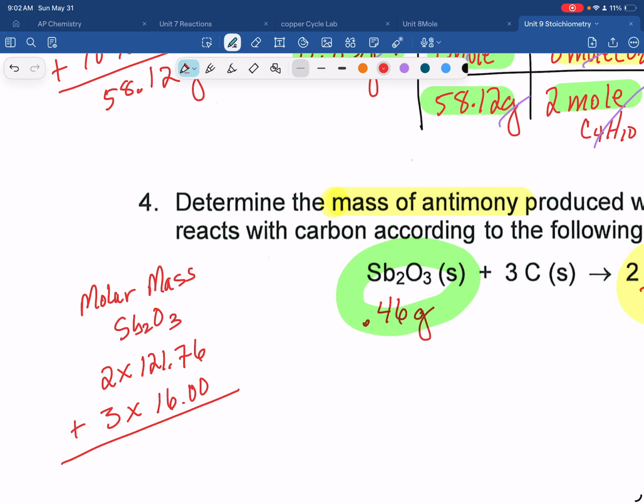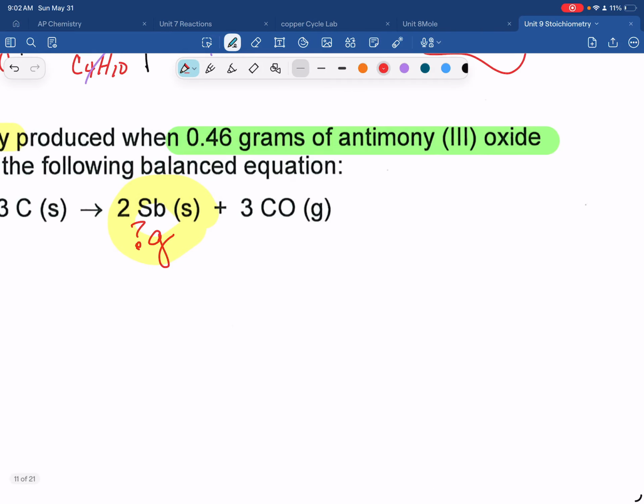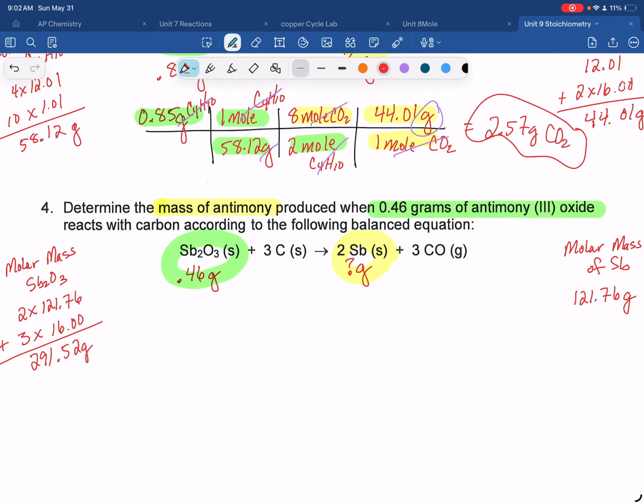When you total that all up, you get 291.52 grams. So there's our molar mass of Sb2O3. And the molar mass of Sb, well, that's an easy one because it's just the mass off the periodic table. So the molar mass of Sb is 121.76 grams. No adding necessary because it's an atom. Okay, so let's set it up.